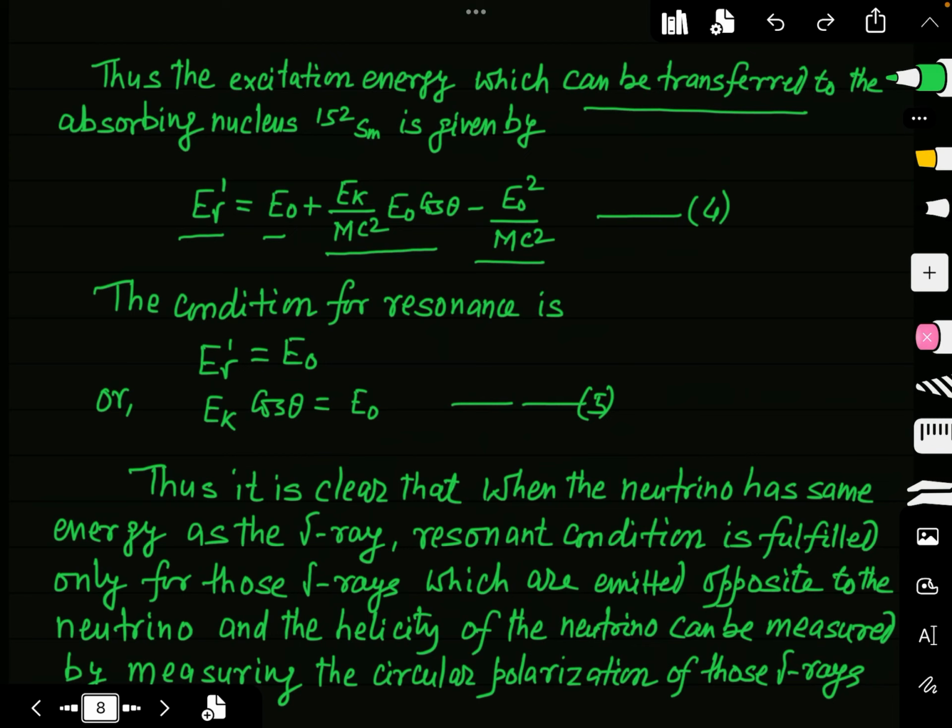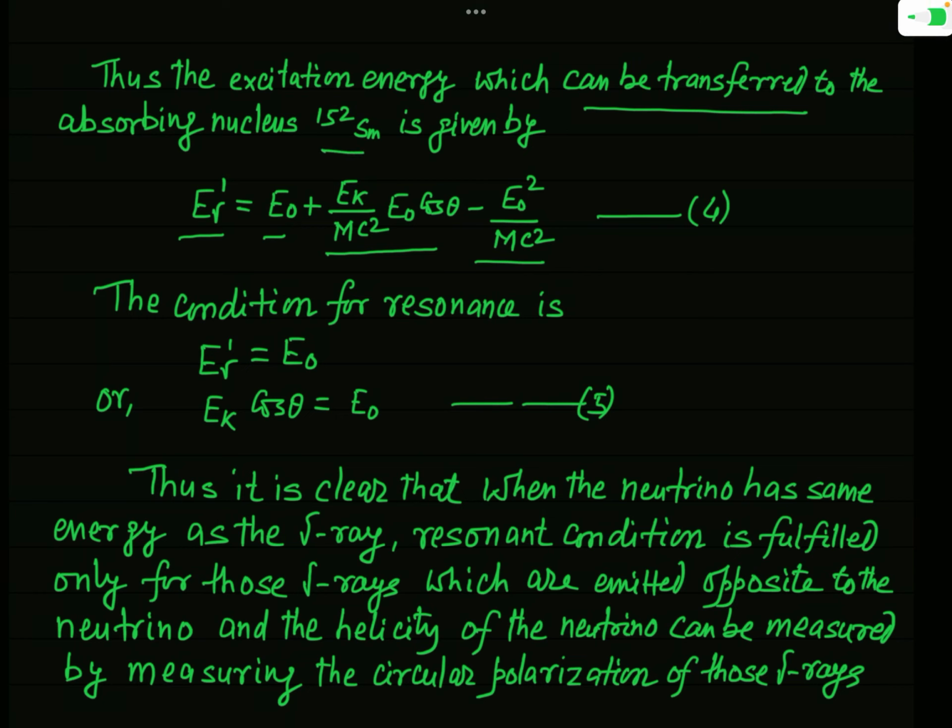So I have written here that the excitation energy which can be transferred to the absorbing nucleus Sm152 is given by E gamma prime equal to E naught plus Ek by mc square into E naught cos theta minus this much. After adding that energy, you get this result.